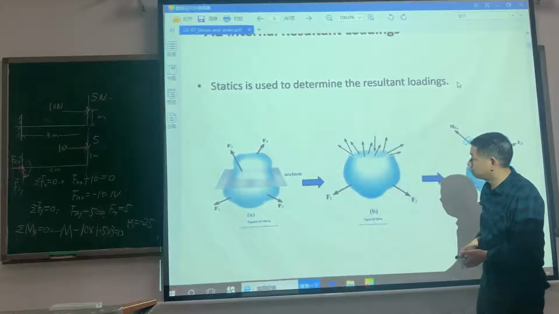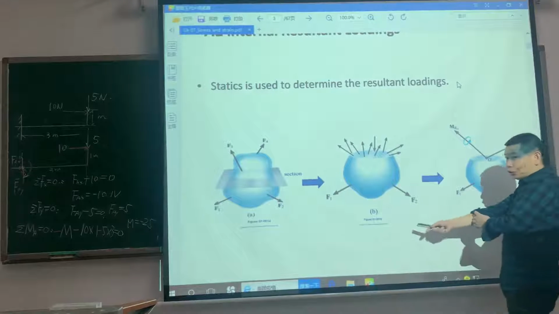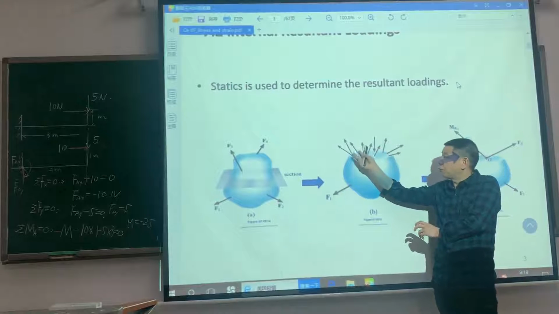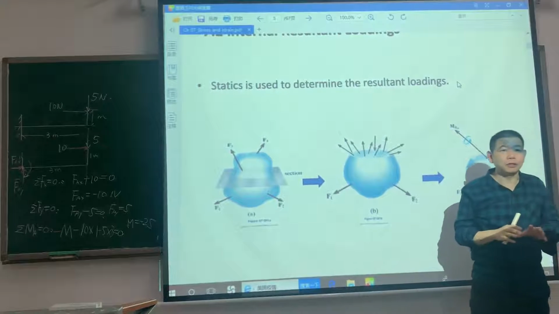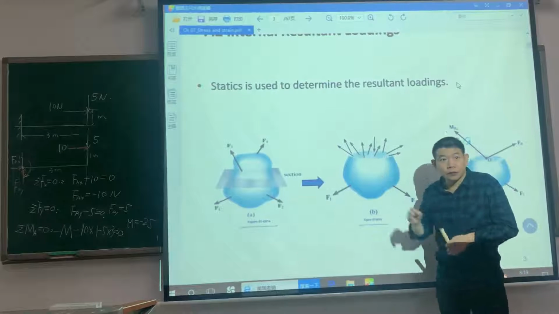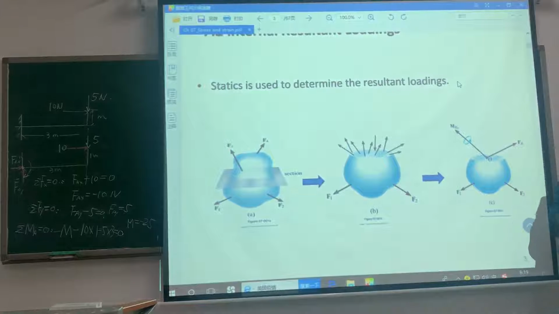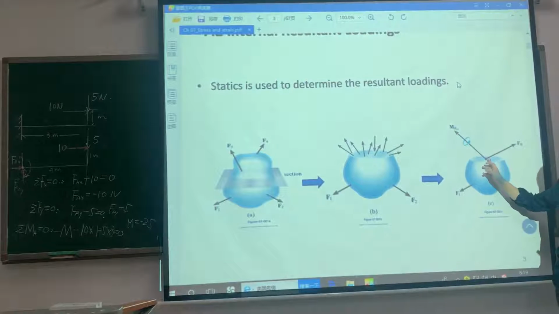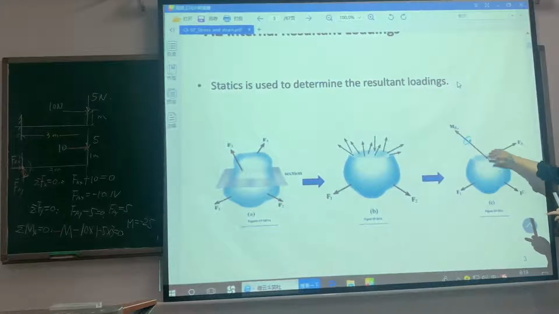But actually, these forces are distributed on the surface. Understand? But from statics, we know it can be reduced to one moment and one force.